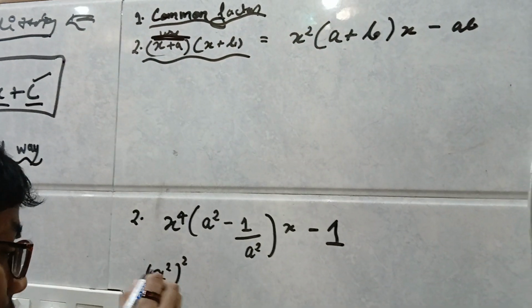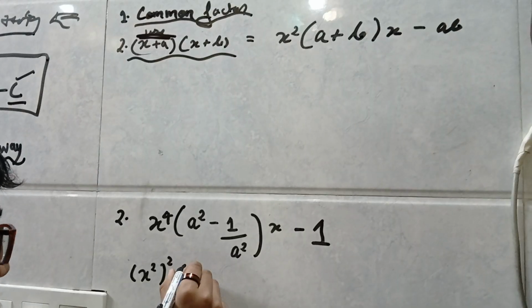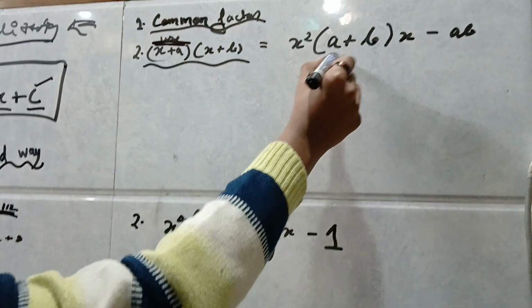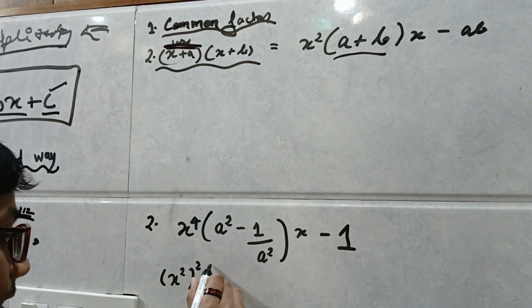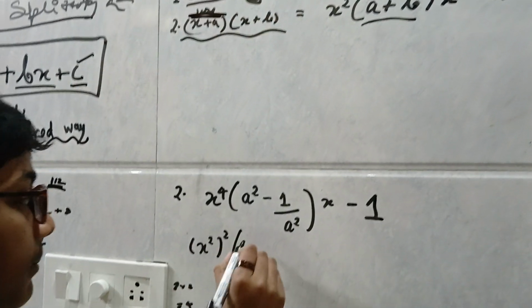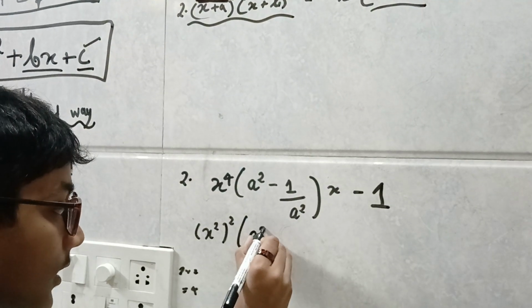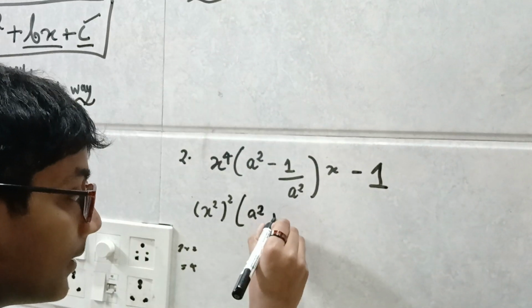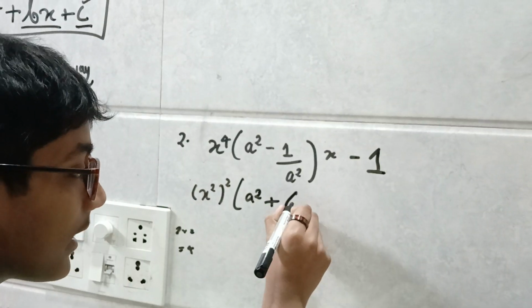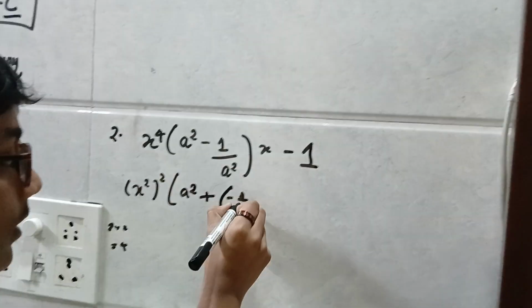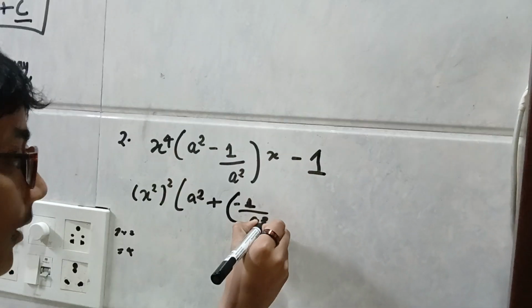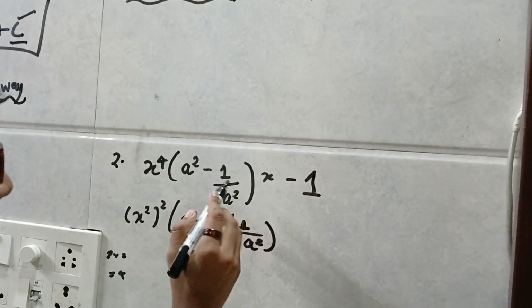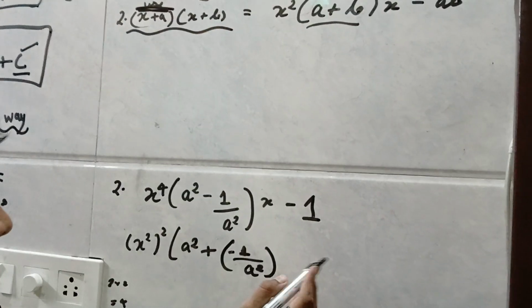Now x square is just like that. In the bracket we have to bring a plus b. So we can write this as, let a square be a. So we can write this as a square plus bracket minus 1 by a square. So we get a plus b, let b be minus 1 upon a square.